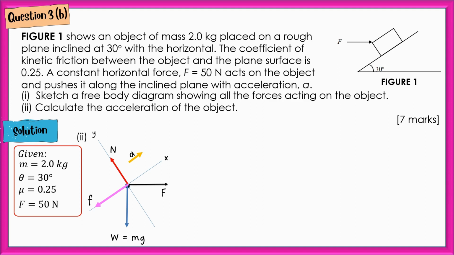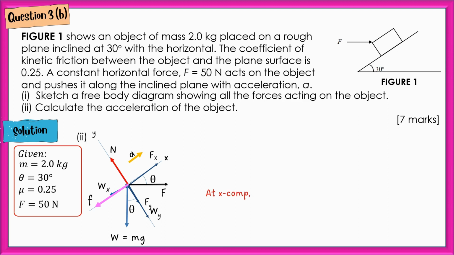Because F, the external force, is not located at the x or y component, you can resolve it to Fx and Fy. W is also not at the x and y component, so you need to resolve it to Wx and Wy. Then identify the angle theta, where theta is equal to 30 degrees.